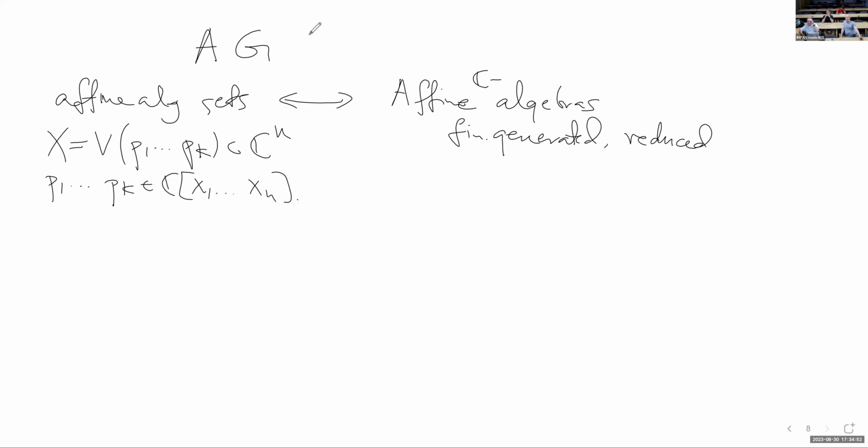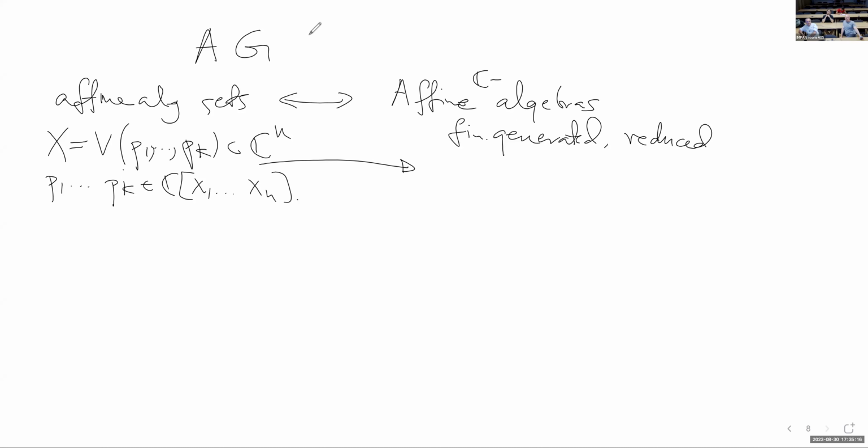Reduced means no non-zero nilpotents. And how does it work? Well, we associate with X. Can you remind me this notation V of a bunch of polynomials? It is the zero set of those polynomials in C^n, the solution set of the system. That's right, the common zero set of all of them.